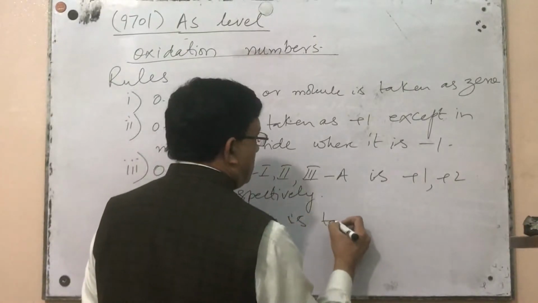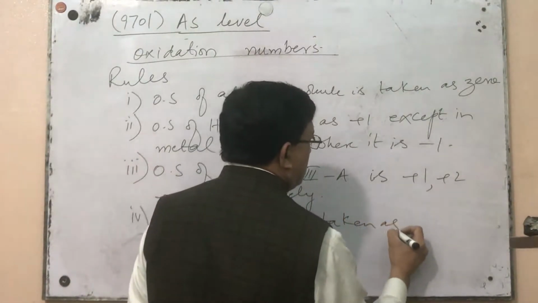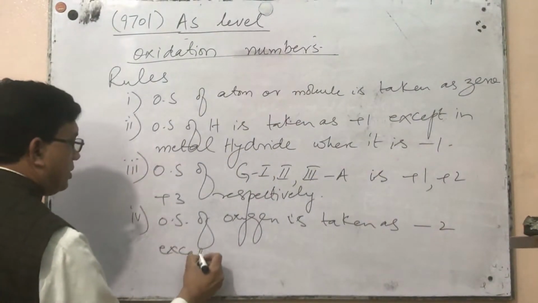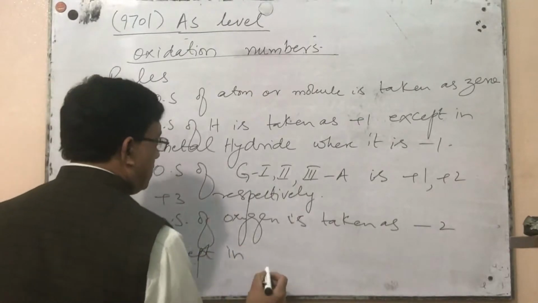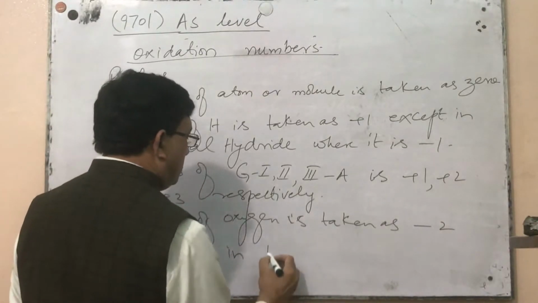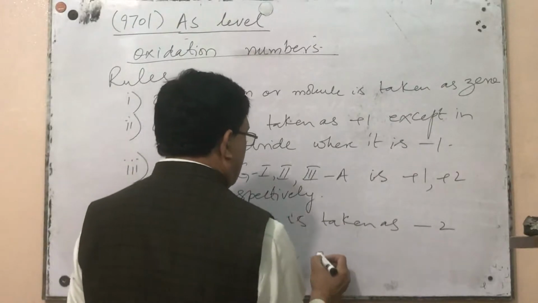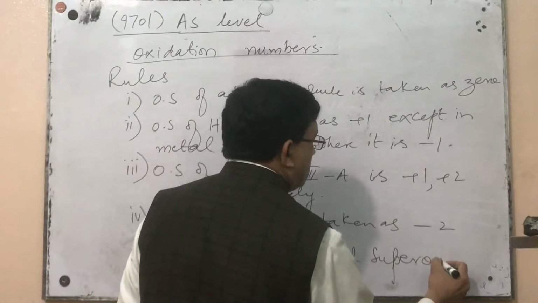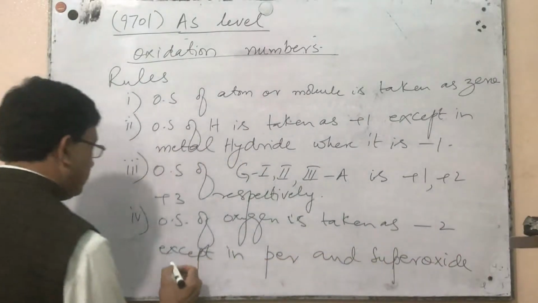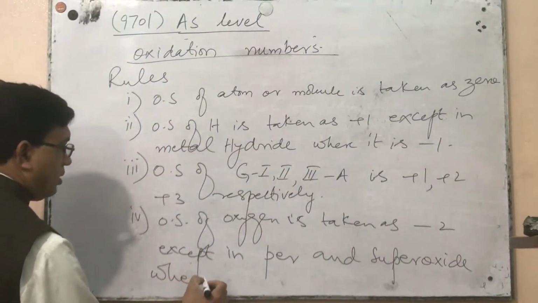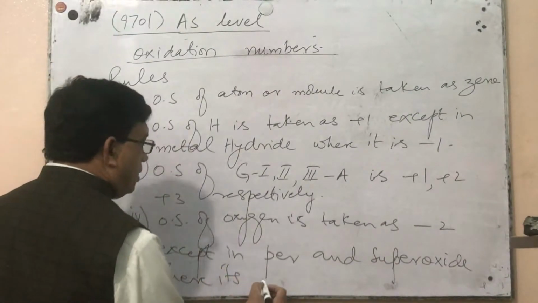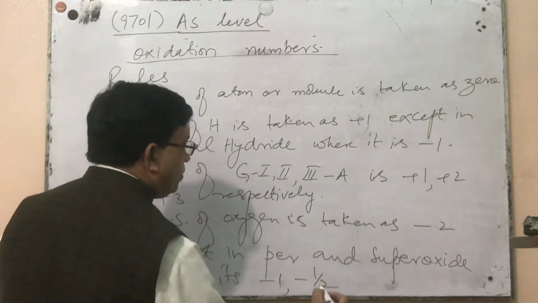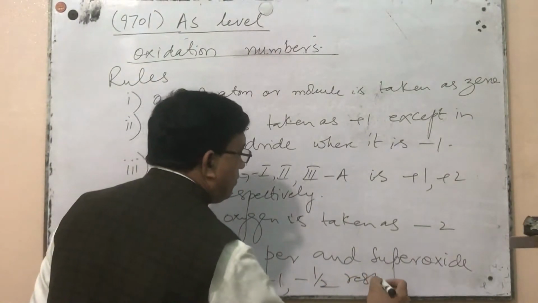Oxygen is taken as -2 except in peroxides and superoxides, where it is -1 and -1/2 respectively.